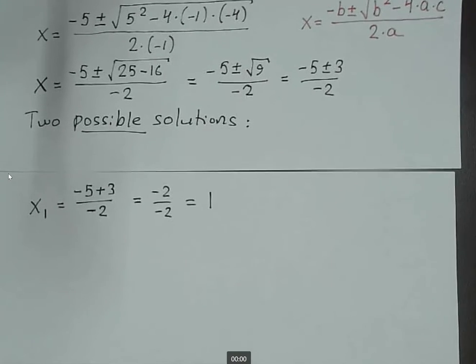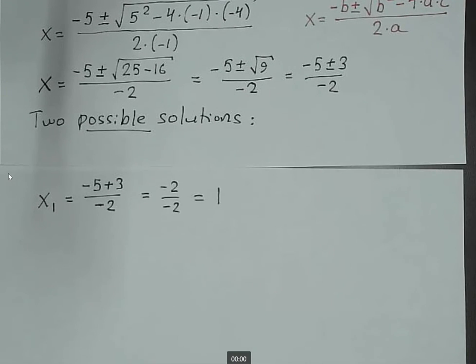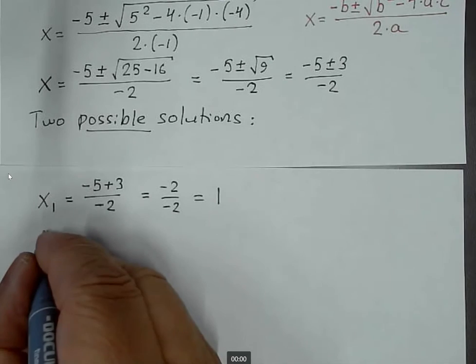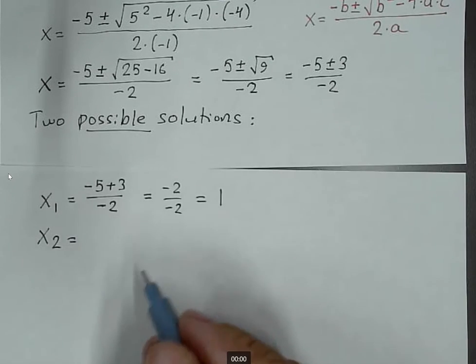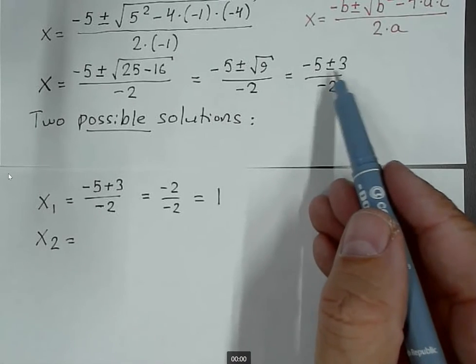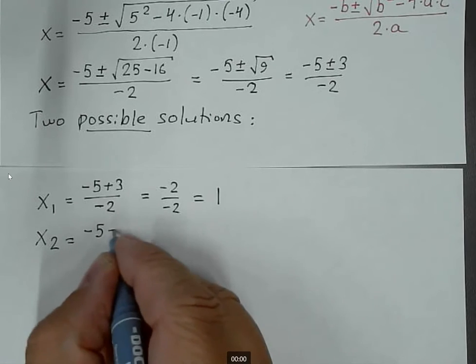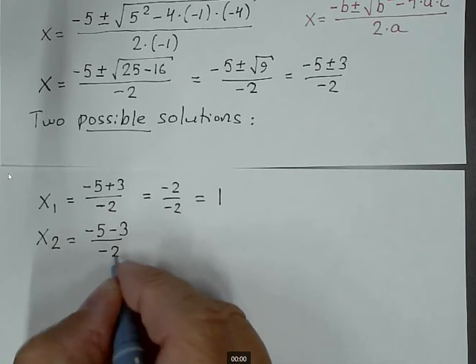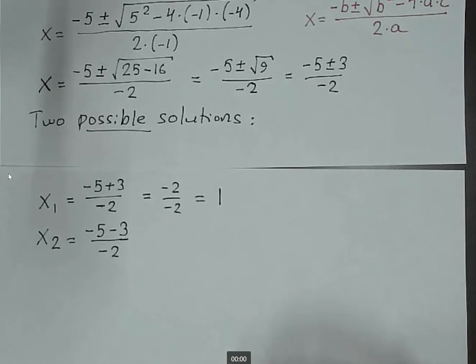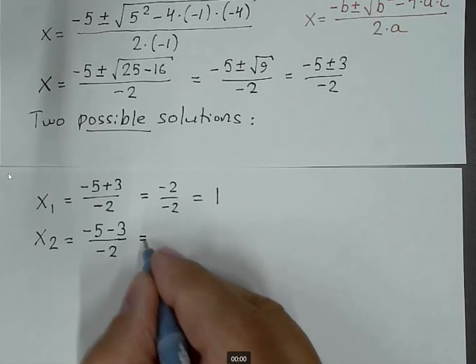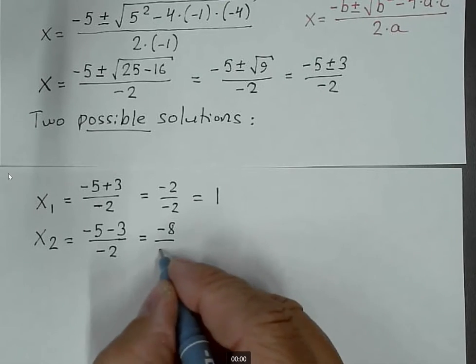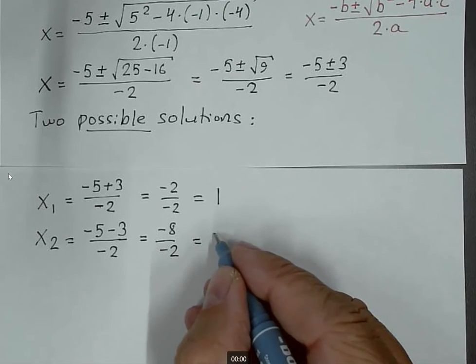So this is one possible solution of the equation. And the other one is the one where we use the minus sign: -5 minus 3 divided by -2, which is -8 divided by -2, equals 4.